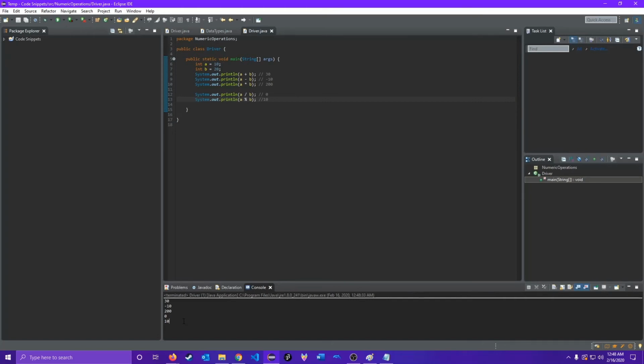So mod is very helpful for determining how much is left over if you have a certain amount. Obviously, if you're dividing, it's whatever your remainder is.